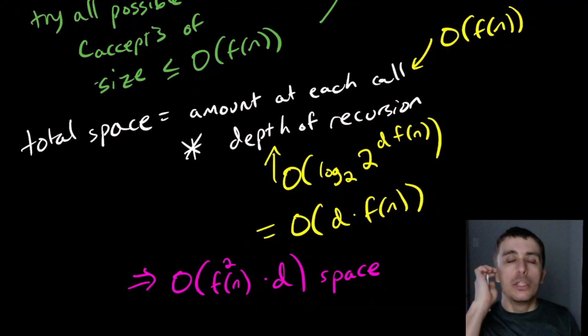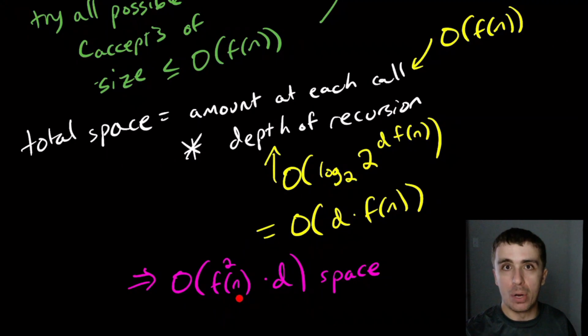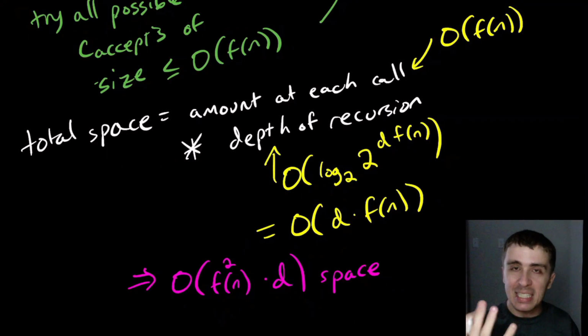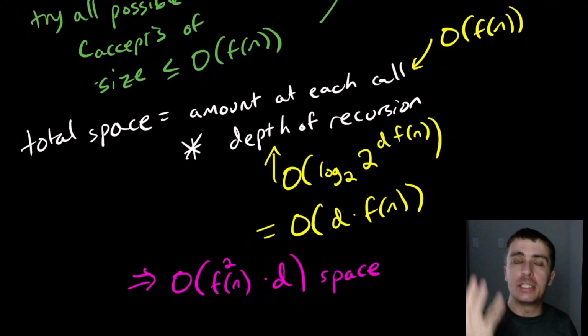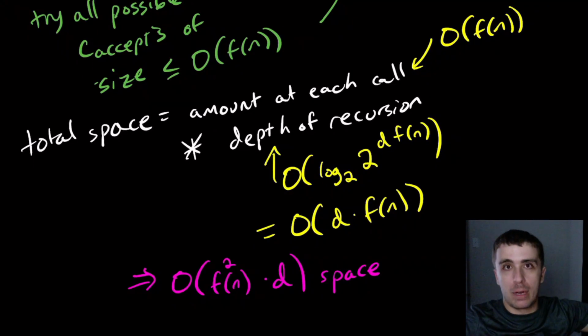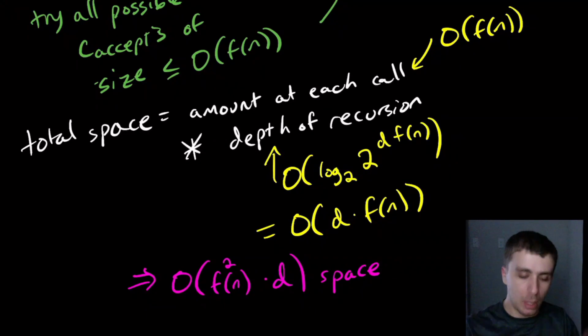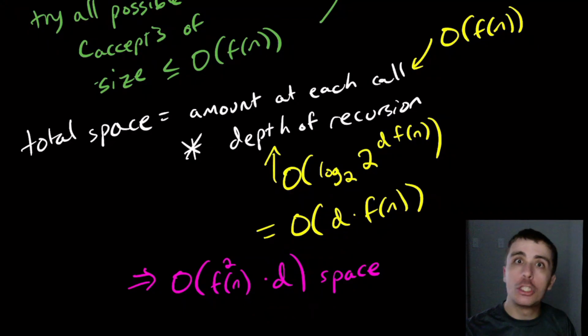Okay, so now what? Well, what is this n here? So n here is the size of the input. Where does d come from? The d is an artifact of the machine. The machine has a certain amount of non-determinism it can do. And since the machine doesn't change depending on the input, d is itself a constant compared to the input.